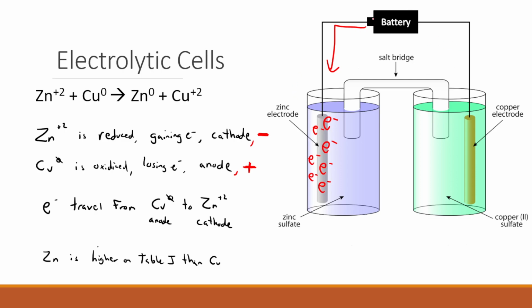On the other side, the other end of the battery pulls the electrons out of the copper, tears them out of the copper, and forces the copper to get oxidized. Because we are ripping out these electrons, forcing this oxidation, the anode, the thing that gets oxidized, is positive.